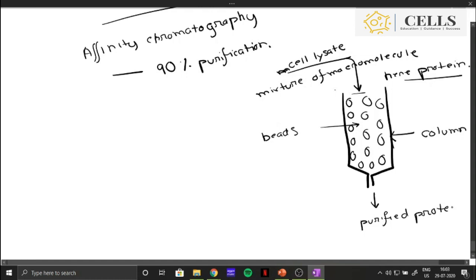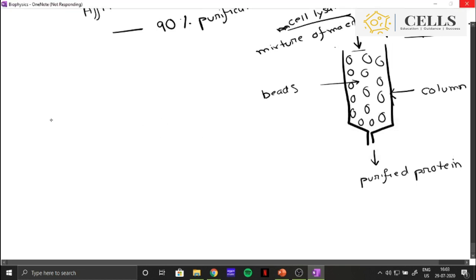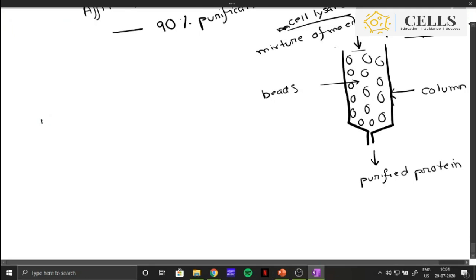You obtain your purified protein from here. It comes in a dropwise fashion. Now about the beads.